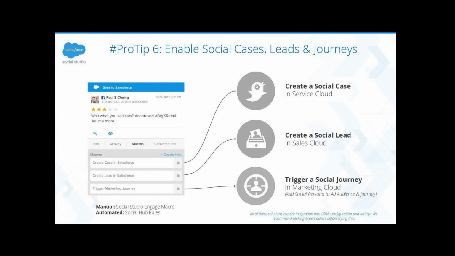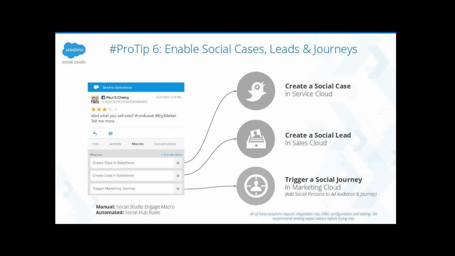Finally, still the same tip, is triggering a social journey. If you've also got Salesforce Marketing Cloud, and no doubt you're getting into Journey Builder and advertising audiences, and things are getting pretty exciting. With Social Studio, we can now trigger the creation of a social persona in Sales Cloud, which can then be synced with Marketing Cloud, and then you can start to create advertising audiences using that and put them into a journey.